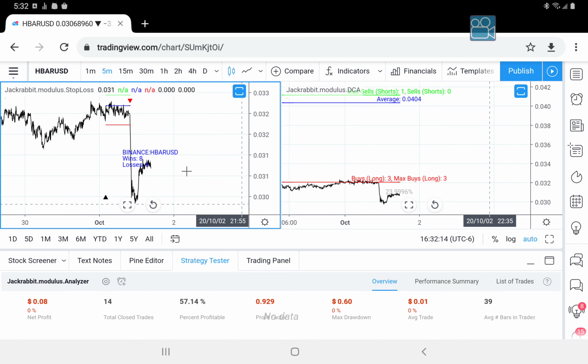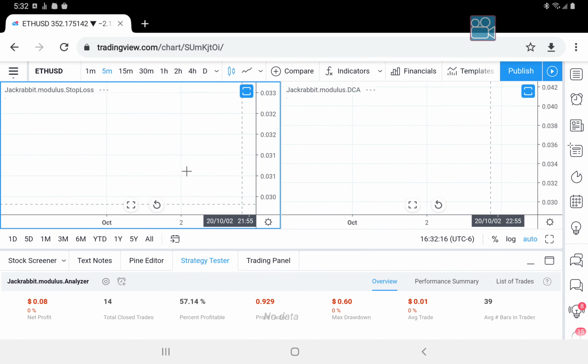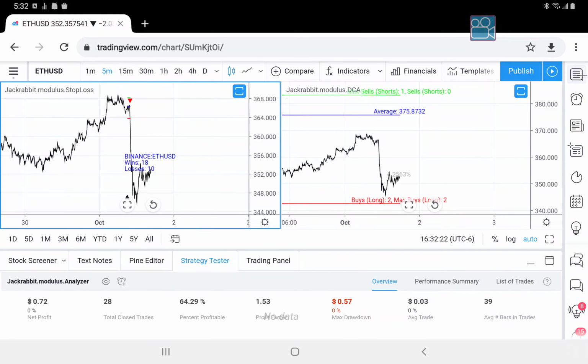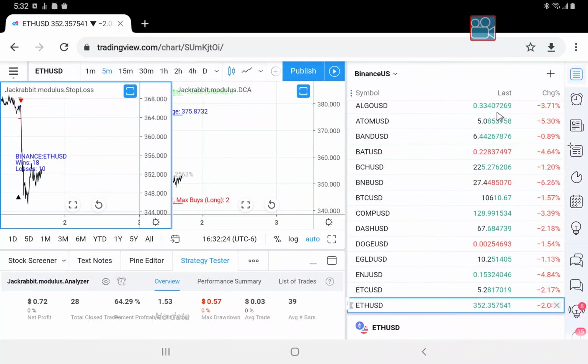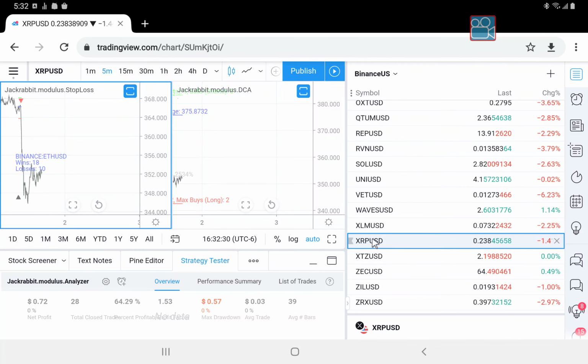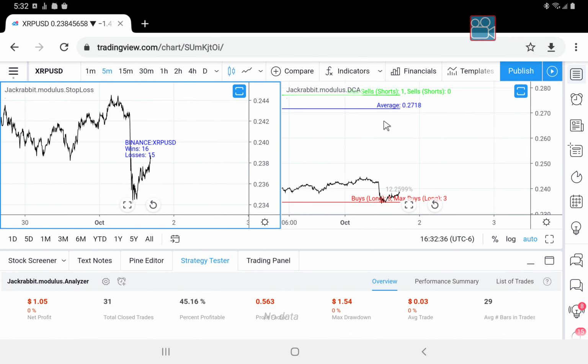So, the advantages of a stop loss: stable coins that would normally have deep channels can be dealt with a little bit easier because you are not staying in the market for that long of a period compared to a dollar cost averaging. I've talked about XRP before.